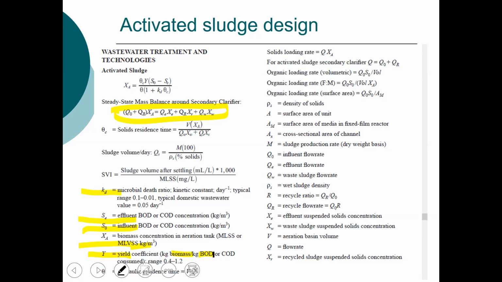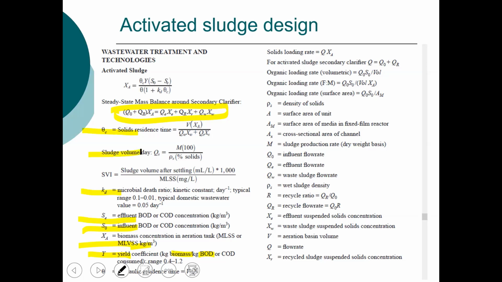We also have a term that's referred to as the solids retention time or solids residence time. You'll also see it called the mean cell residence time. Think of this as how long a packet of cells remains in the system, because remember, those cells are being recycled around.